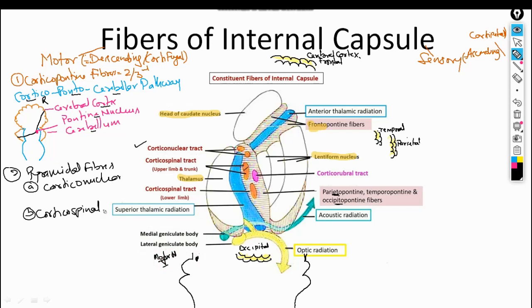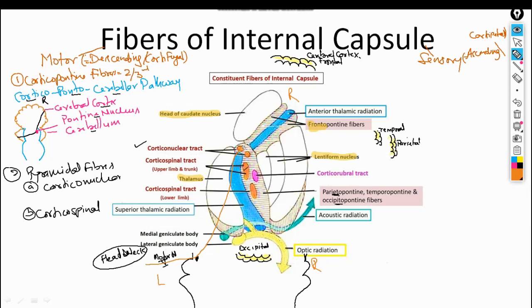So this corticonuclear fiber is for head and neck muscles. This fiber takes a motor input from the contralateral side. So this one is the right side, and this one is the right side, and this one is the left side. So here from the left side, it takes the motor input from the contralateral side, and this will go to the internal capsule.